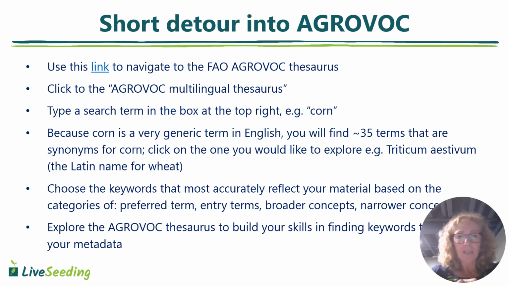So just take a few minutes now to have a look at that AgriVoc thesaurus so you're at least familiar with it. And just keep in mind that this is for keywords to use in the subject description in your metadata.